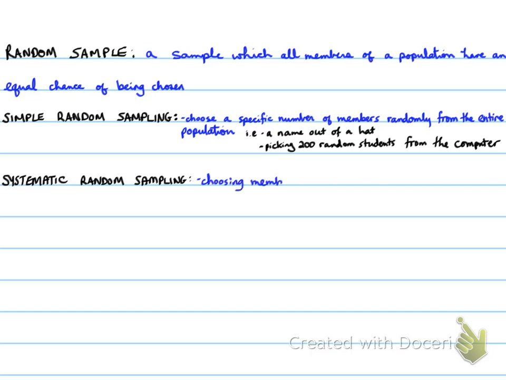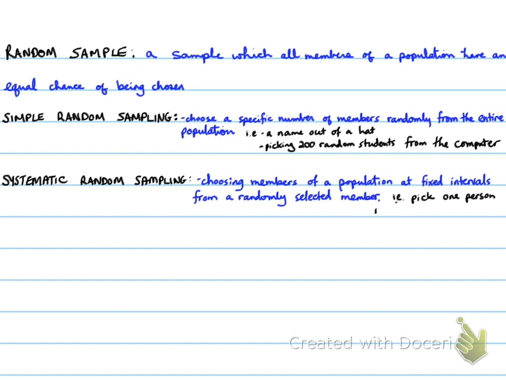So you're choosing members of a population at fixed intervals. So there's a system, from a randomly selected member, i.e., you pick one person and then ask every 10th person before or after it. So systematic is to basically pick a person.